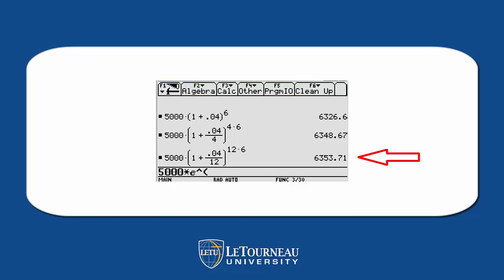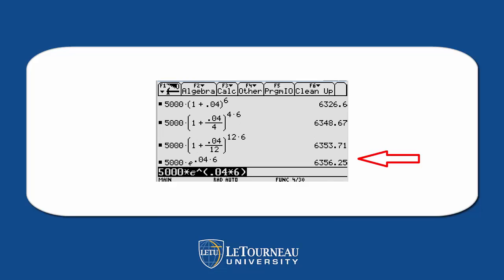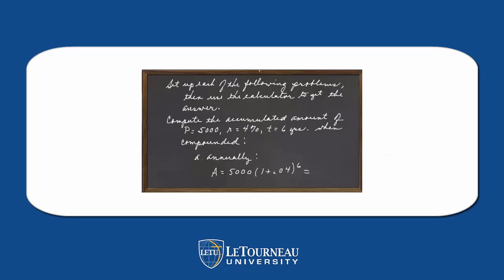Don't be surprised if you don't see a big change when you do it continuously. Let's give it time here to do the computations for us. No, see, you only gain a little over, not even $3. Continuously is okay on huge amounts, but it's not good on $5,000.